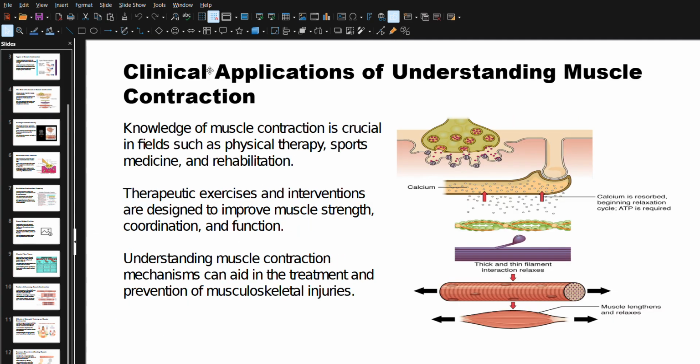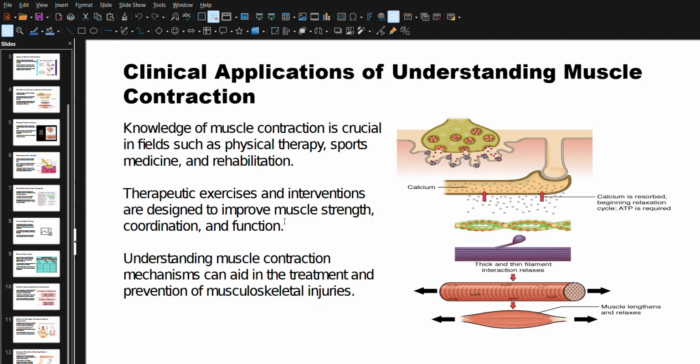Next, what are the different clinical applications? Knowledge of muscle contraction is crucial in fields like physical therapy or physiotherapy, sports medicine and rehabilitation. Certain therapeutic exercises, like certain yogas or stretches, are designed to improve muscle strength, coordination and function.